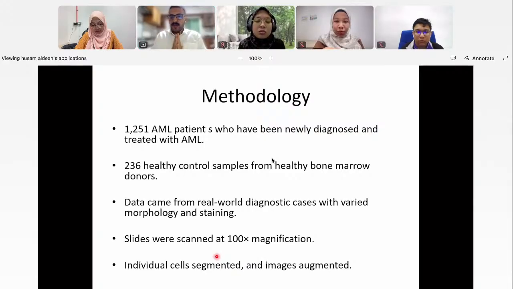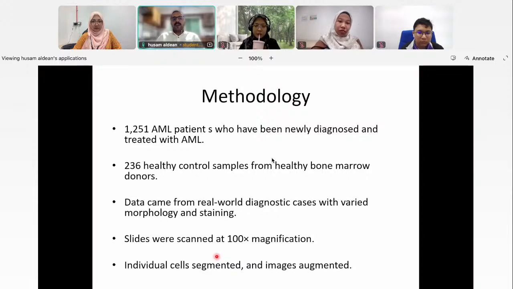So patients came to these centers newly diagnosed with AML or treated, and control samples came from donors. The data came from real-world diagnostic cases with varied morphology and staining, which is a challenge for the model to detect and classify AML.